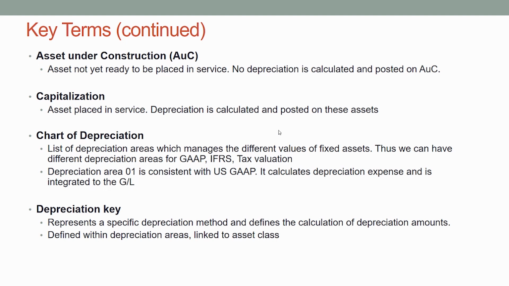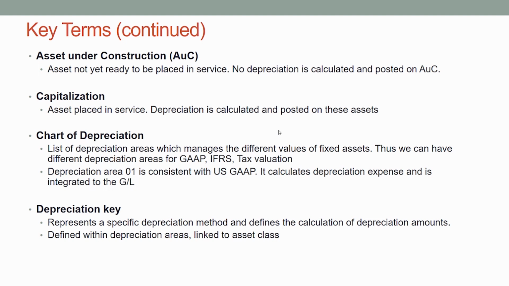Chart of depreciation. This is another important feature of the asset management module. We may need to report the fixed assets as per various reporting requirements like GAAP, US GAAP, IFRS, IAS, International Accounting Standards, and for taxation purposes. With these different requirements, the depreciation on the asset is calculated with a different method. For example, for taxation purposes, depreciation may be calculated based on the reducing balance method.